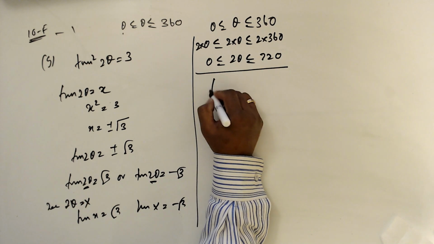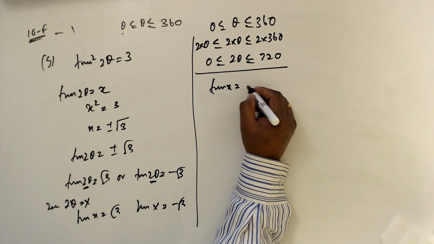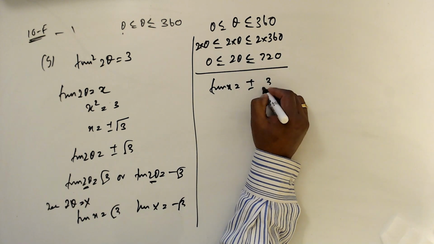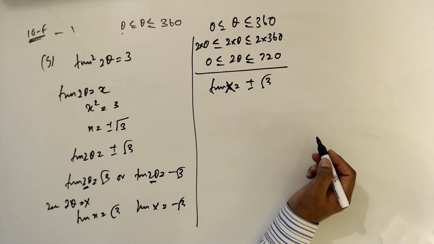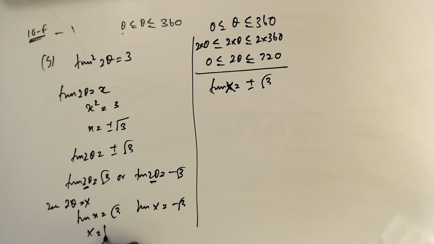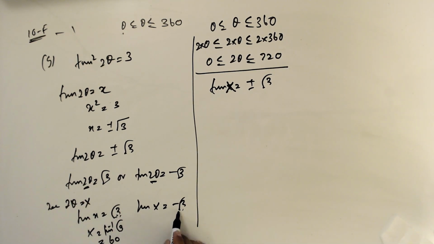Now I have tan X equals plus or minus square root 3. When I take the positive value, tan inverse of square root 3 is 60. Both have the same size, square root 3, and the sign is the only difference. Tan is positive in the first and third quadrants, and negative in the second and fourth.